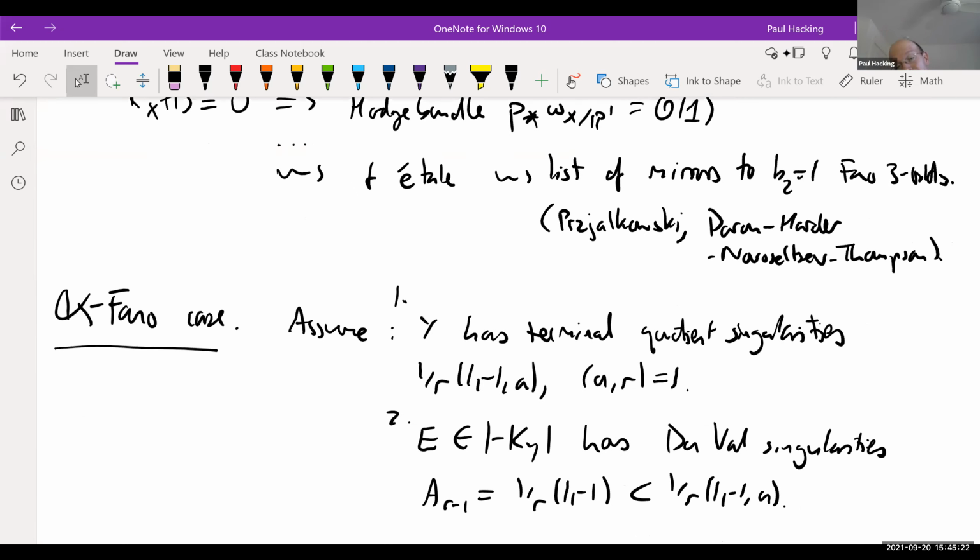And we also further assume that we have an anticanonical section that has mild singularities.